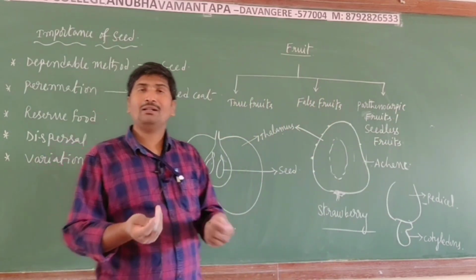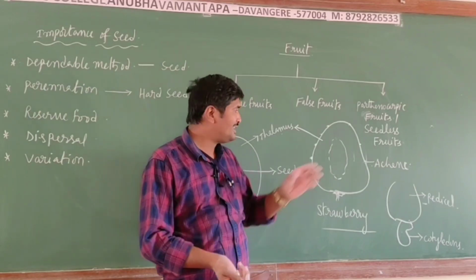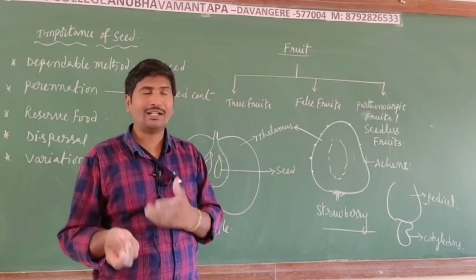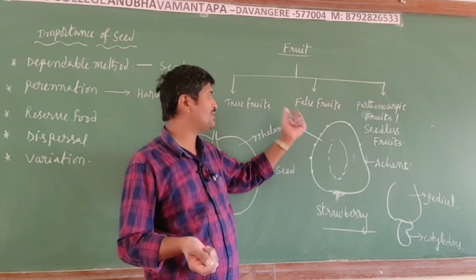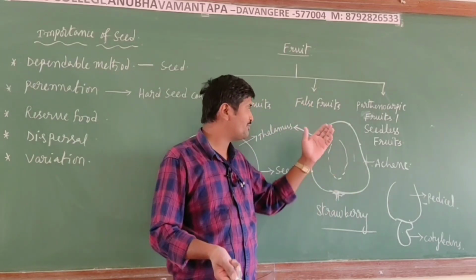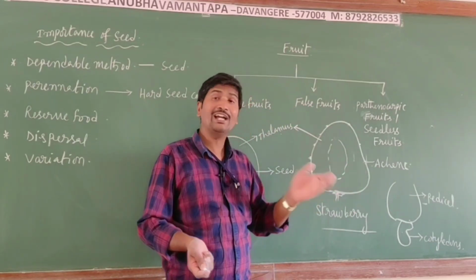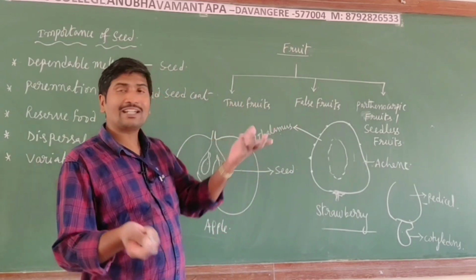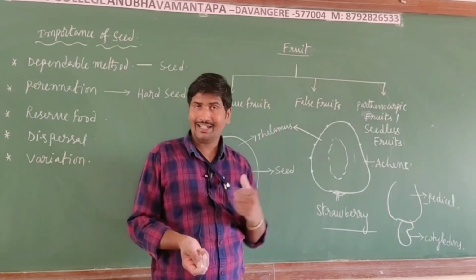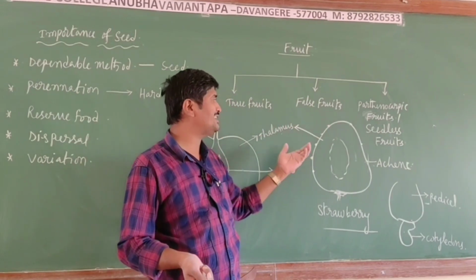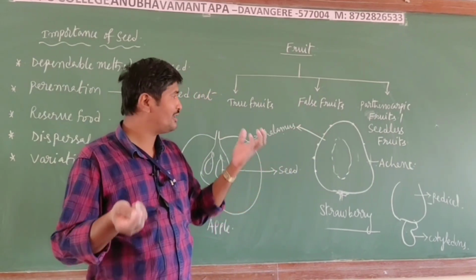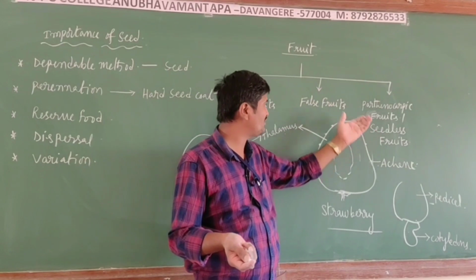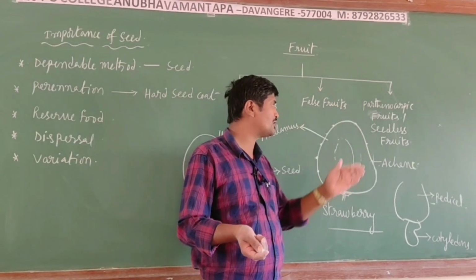The best examples are banana, seedless grapes and seedless tomato. Without fertilization, the ovules cannot develop into seeds. That's why the ovary develops into the fruit without fertilization. Such types of fruits are known as parthenocarpic fruits.